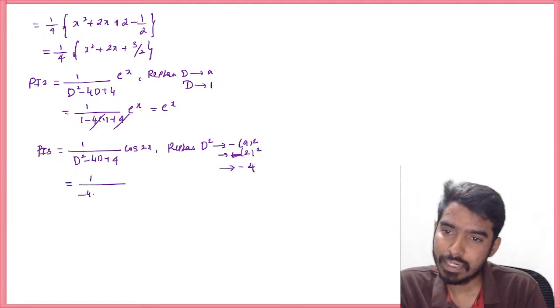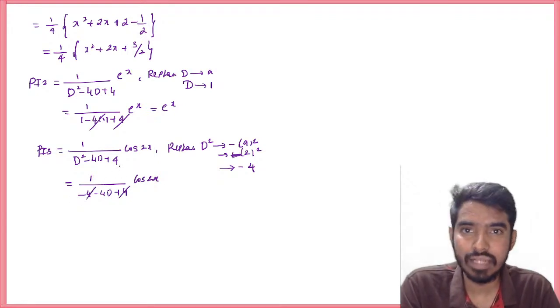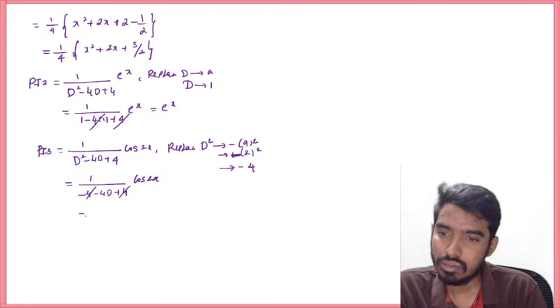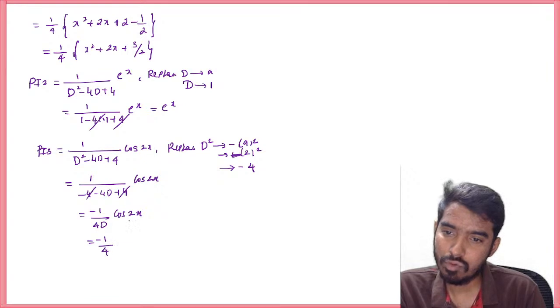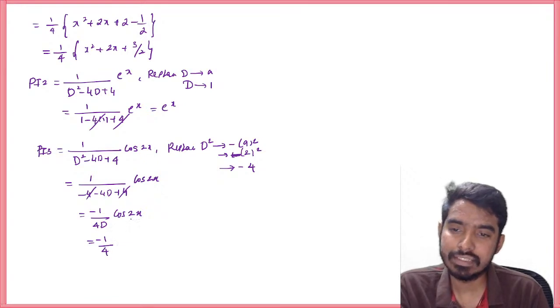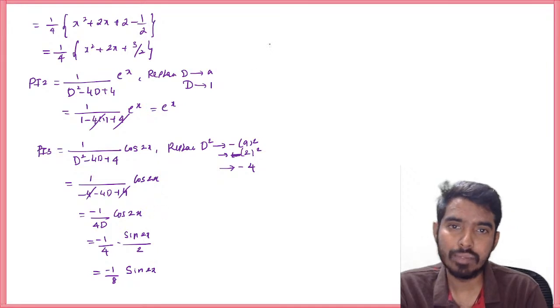This will be minus 4 minus 4d plus 4 cos 2x, right? Okay, so these two are getting cancelled. If it is not getting cancelled, you take the conjugate, right? This will be minus 1 by 4d of cos 2x. So minus 1 by 4, 1 by d. Integration of cos 2x is sin 2x by 2. Right? So this will be minus 1 by 8 sin 2x, which is your PI3.